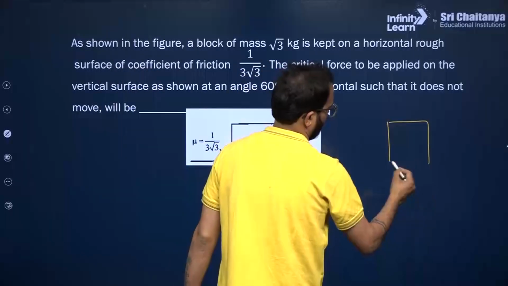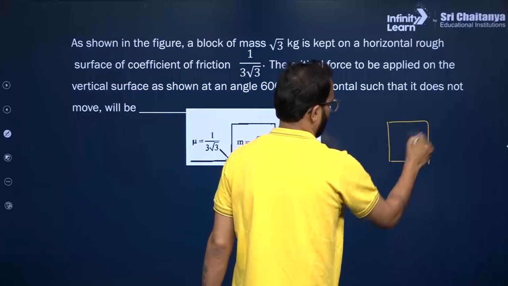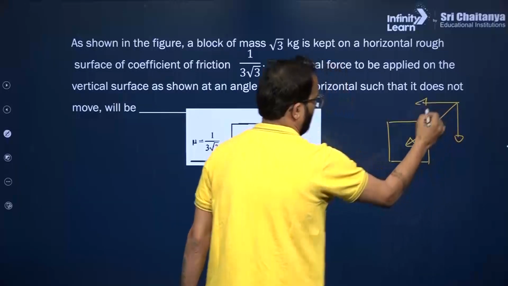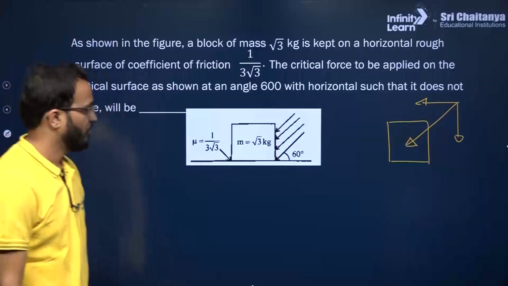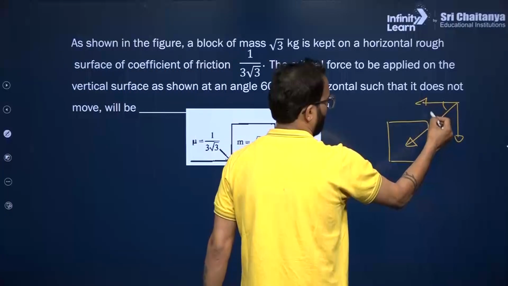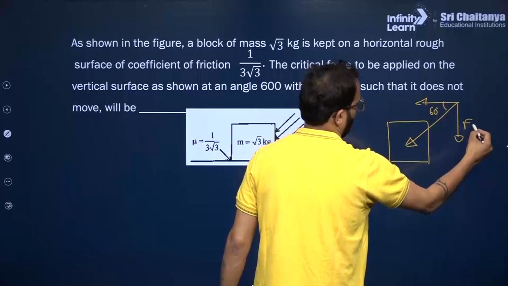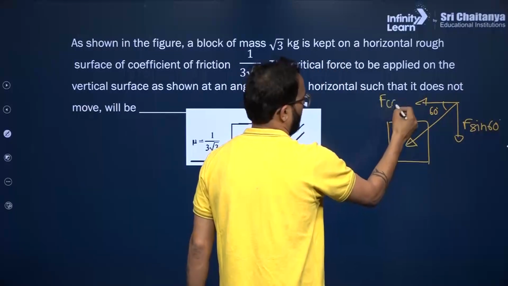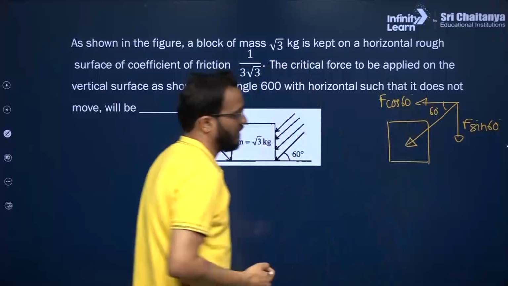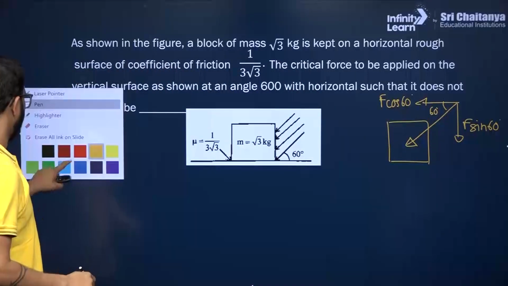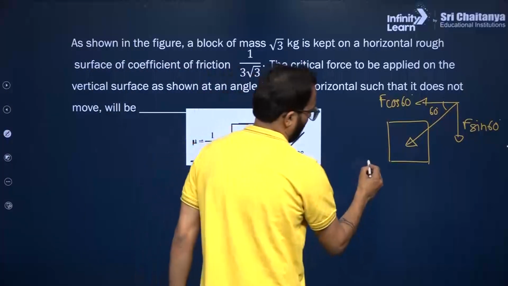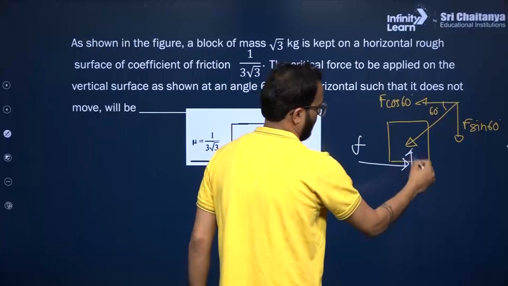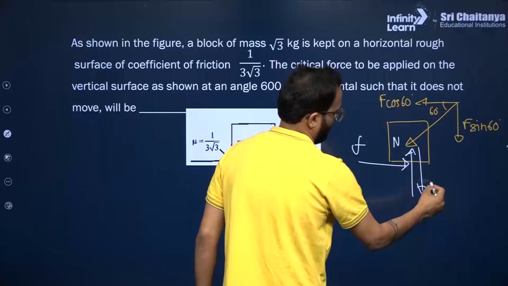Got it everyone? Now here also I will give you a hint. Simple question. See, this force will have two components. Okay, so this angle is 60 degrees. So this will be F sin 60 degrees and this will be F cos 60 degrees, right? Now let's draw the other forces which are acting. Friction will be acting here, normal will be acting here, and mg will be acting here.